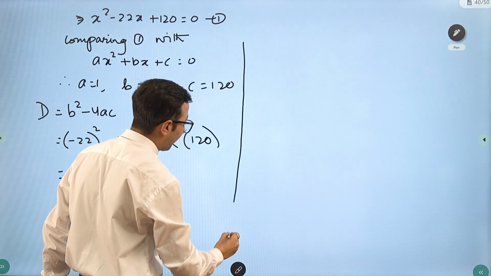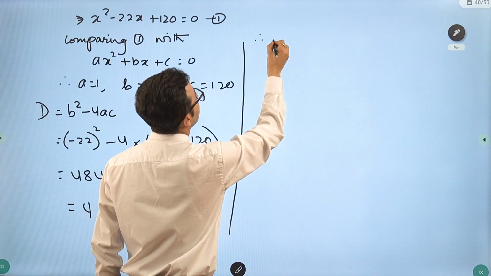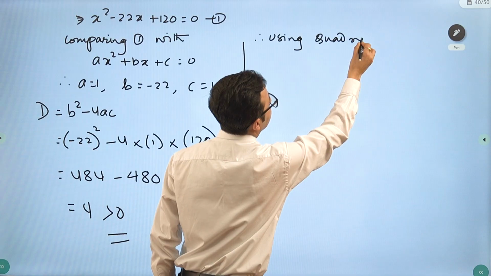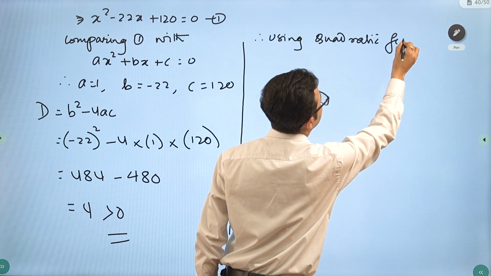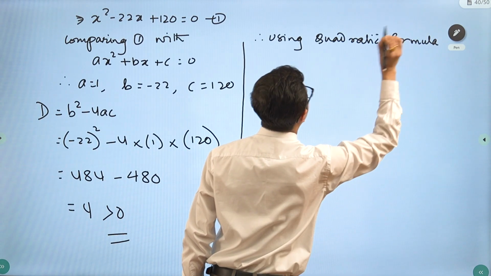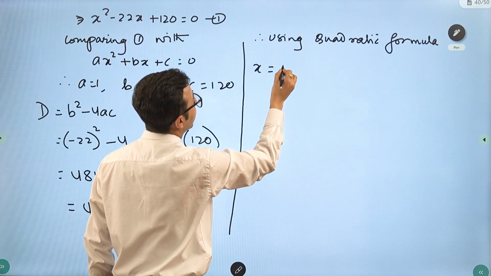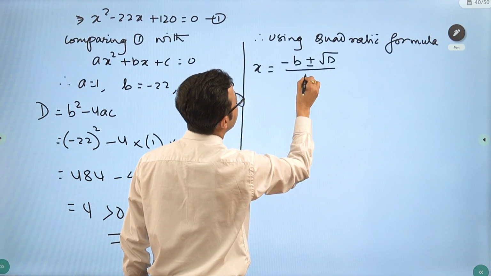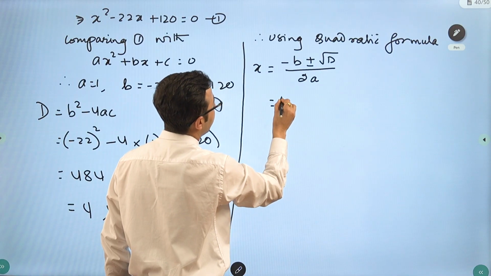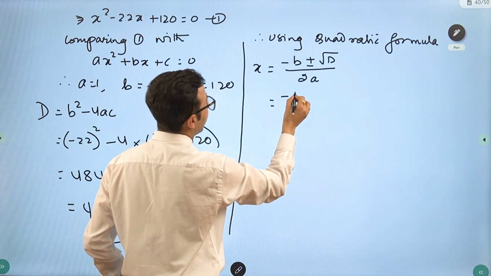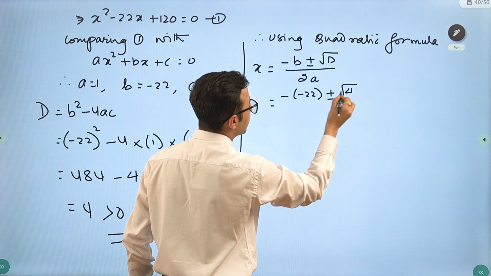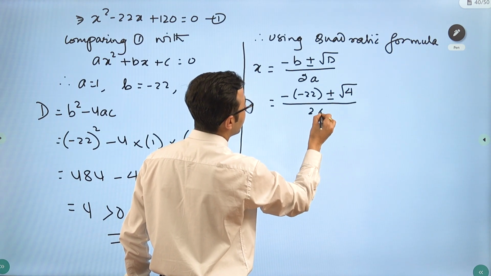So using the quadratic formula, x can be obtained as minus b plus minus square root of D divided by 2a. So here, in place of b, minus 22 is already there, so it is 22 plus minus square root of D, which is 4, divided by 2 into a, which is 1.